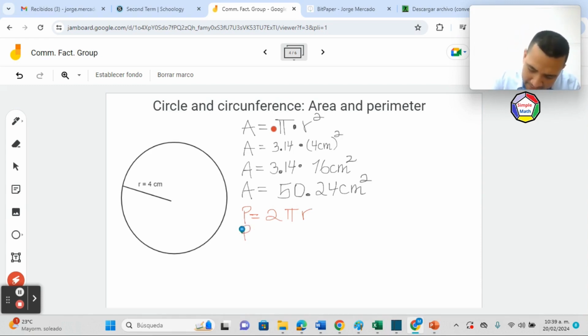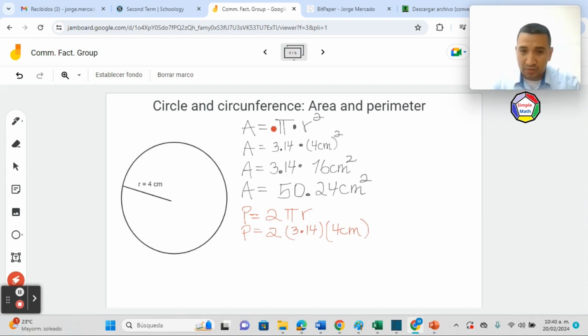The perimeter is equal to 2 times pi, which is always the same, 3.14, times the radius. The radius in this case is 4 centimeters. Yes, that's our radius in this case.